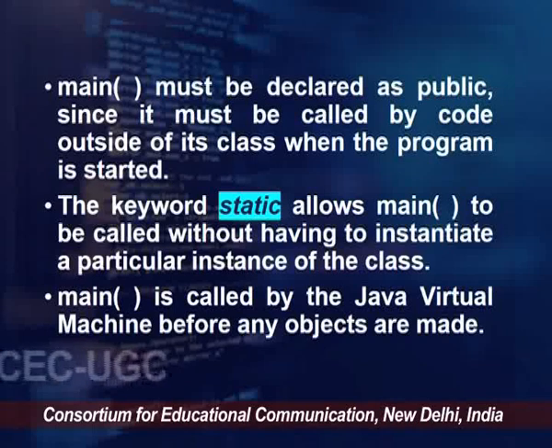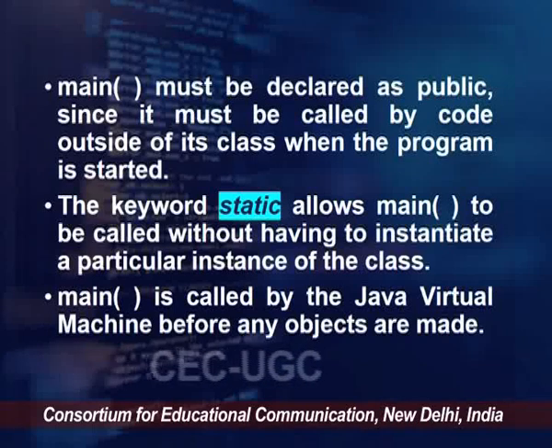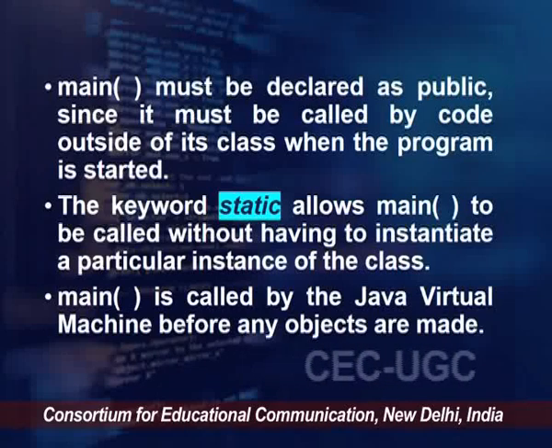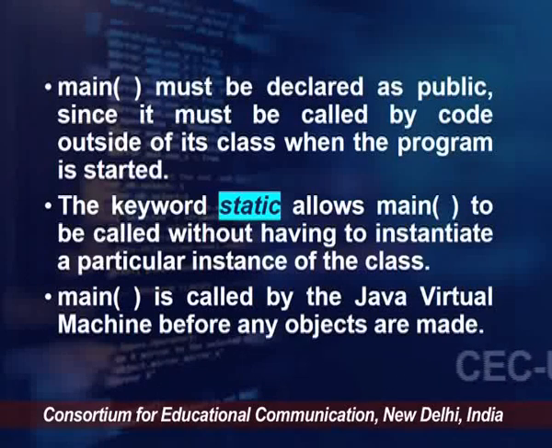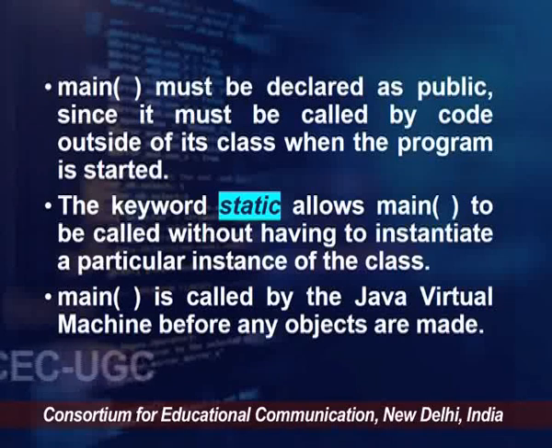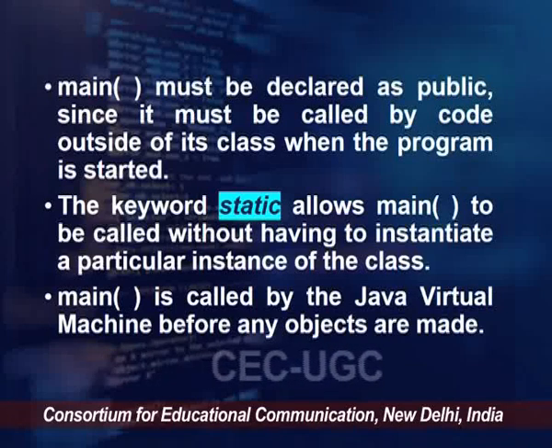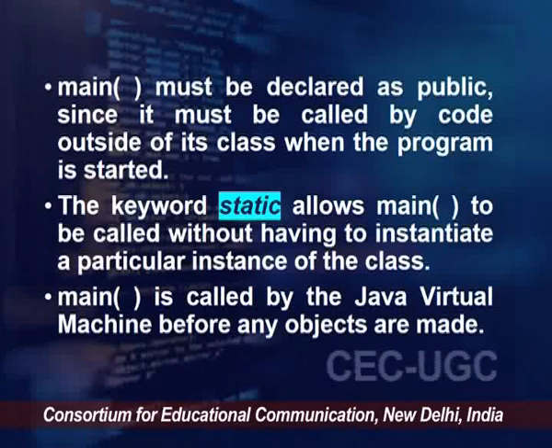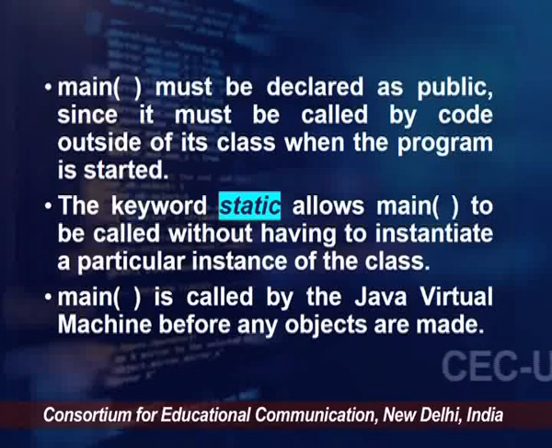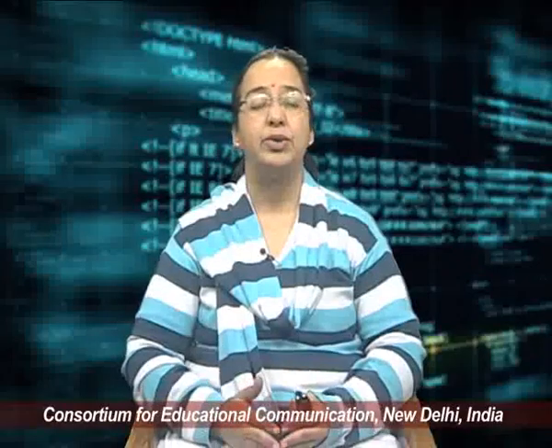So the keyword static allows main to be called without having to instantiate a particular instance of that particular class in which the main is being defined. Here main is being defined inside example. We are not going to create any objects of the example, and yet we are going to use this main.